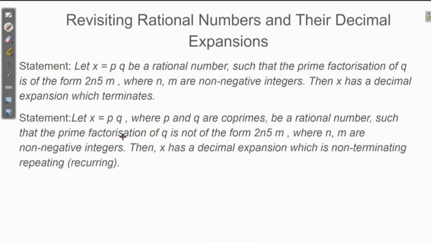Okay, so here there's a statement. If x is equal to p by q, be a rational number such that the prime factorization of q is of the form 2 to the power of n and 5 to the power of m, where n and m are non-negative integers, then x has a decimal expansion which terminates. That is, say I have a number, say 2 by 10. What is the value of 2 by 10?